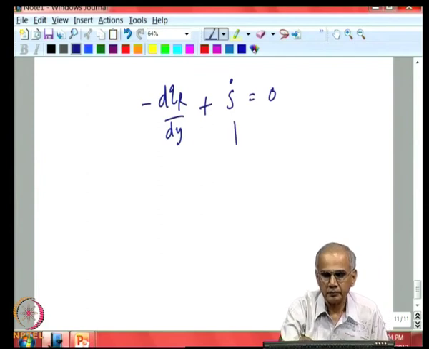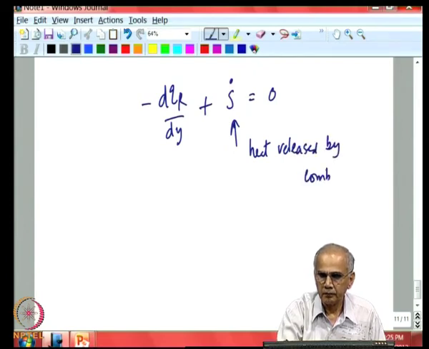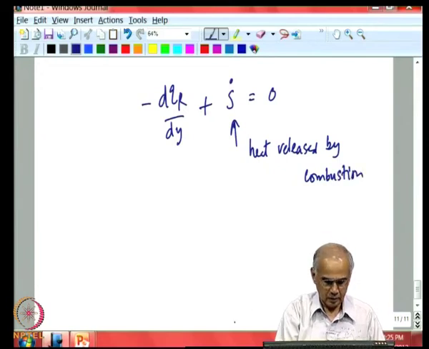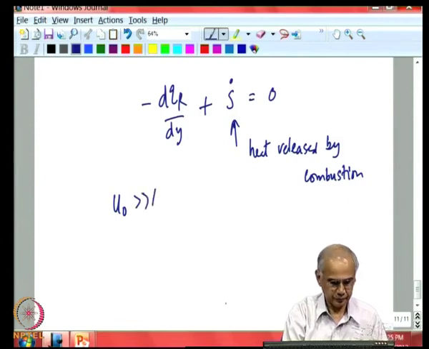This is heat released by combustion. Then you can rewrite this whole equation in the large path length limit, that is for u0 much greater than 1.